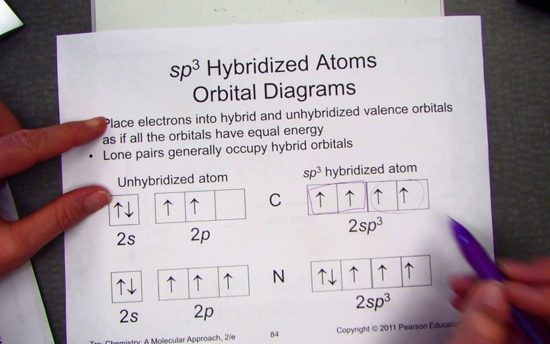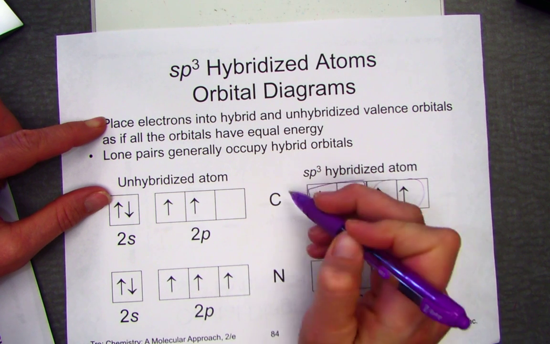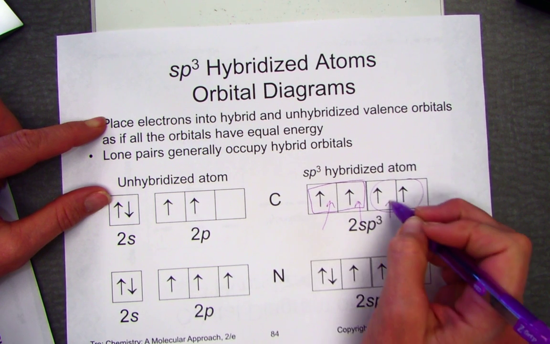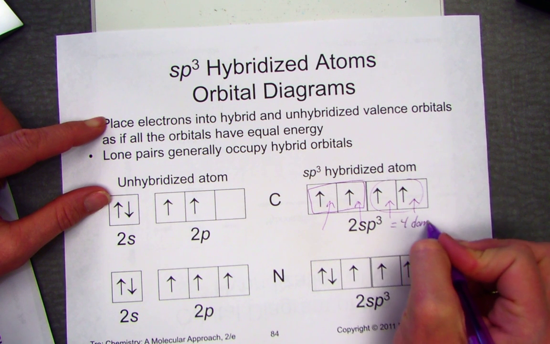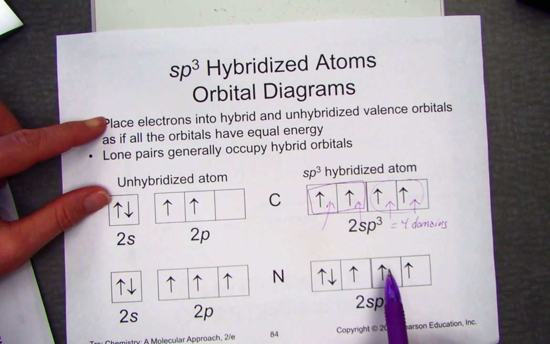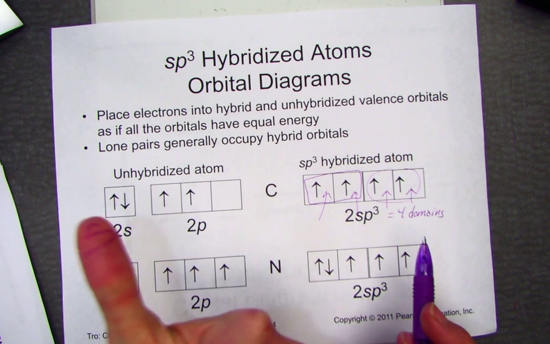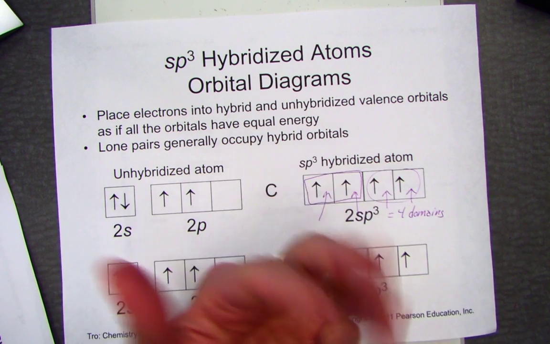These 2 were hybridized. If the carbon atom fills all 4 of these to create 4 electron domains, it's said to be sp3 hybridized. We need 4 domains. Your thumb is an S, 3 more fingers, sp3. Can't make it any easier than the thumb finger rule.